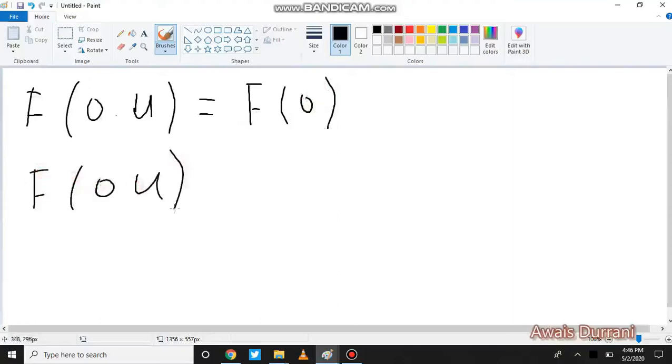According to the second property of the linear transformation, this is equal to 0 into f of u.